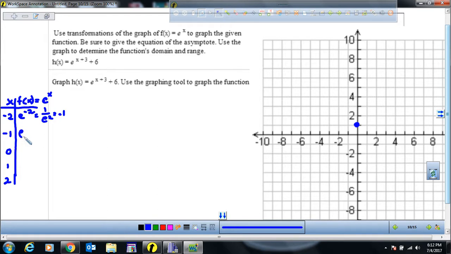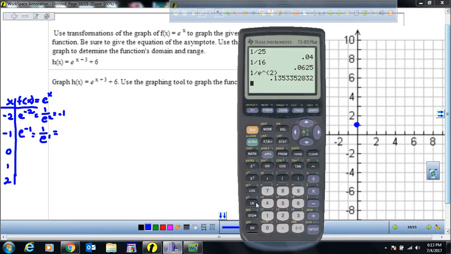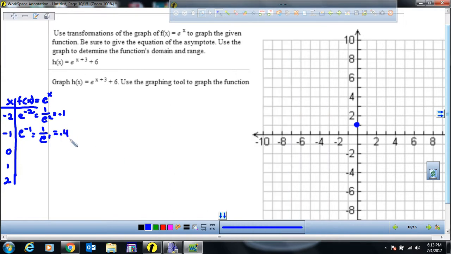Then e to the -1 is the same thing as 1 over e to the first power. If I do 1 over, second ln, e to the first power, that gives me an answer of 0.36, which is about 0.4. Then e to the 0 power, anything raised to the 0 power is 1.